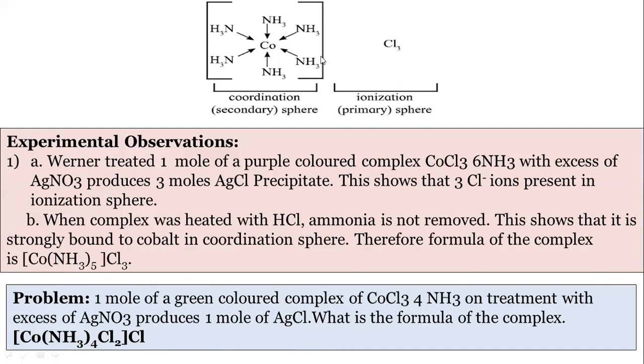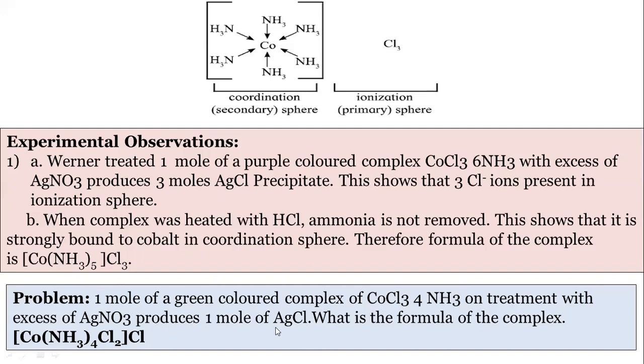So remember, this is important for your exam. The examiner can ask this question for 1 mark. Instead of this example, they can give different examples, but whatever example is given, we have to check only how many moles of AgCl are precipitated.